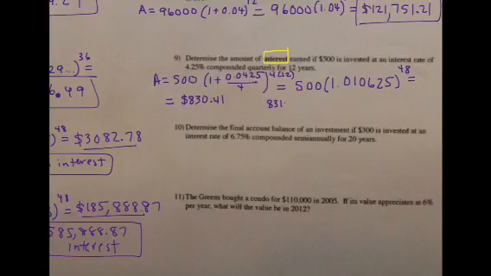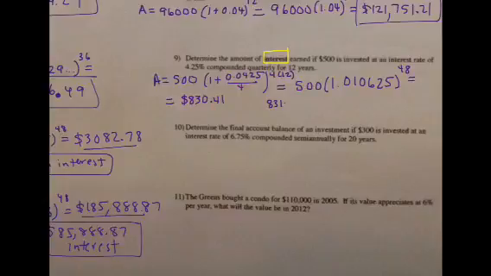So for number 9, you start off with $500, investing at 4.25% compounded quarterly for 12 years. So here is the setup right here. Because you divide by 4 for quarterly, and add 1 and you get this decimal. And 4 times 12 is 48, and this is what you get.